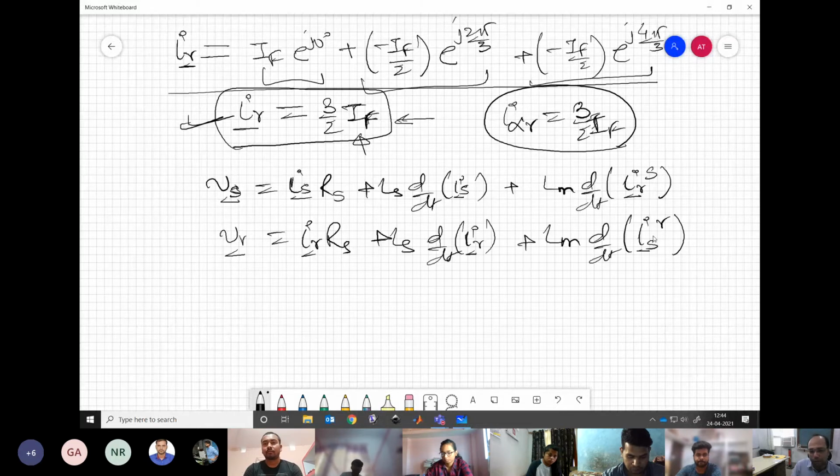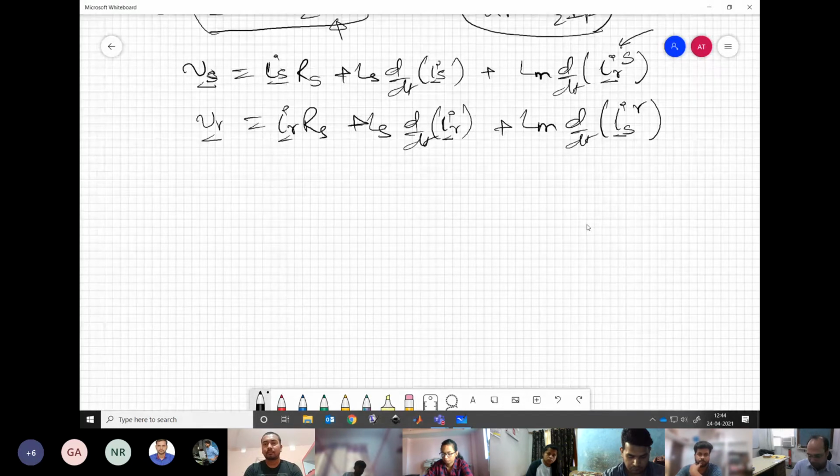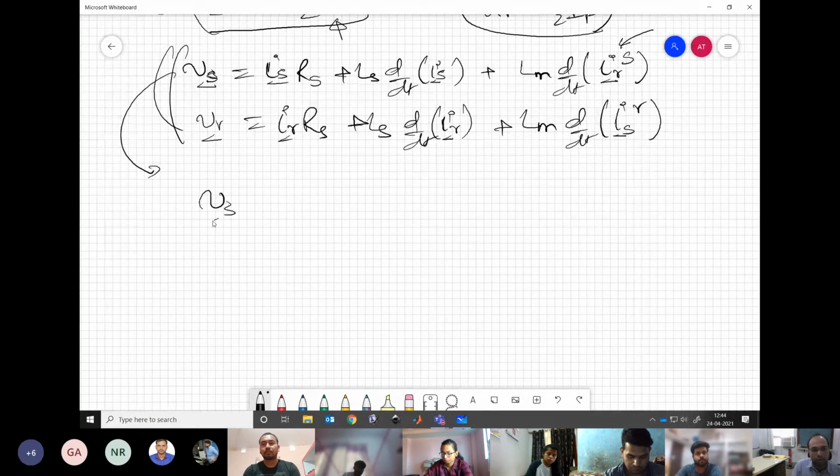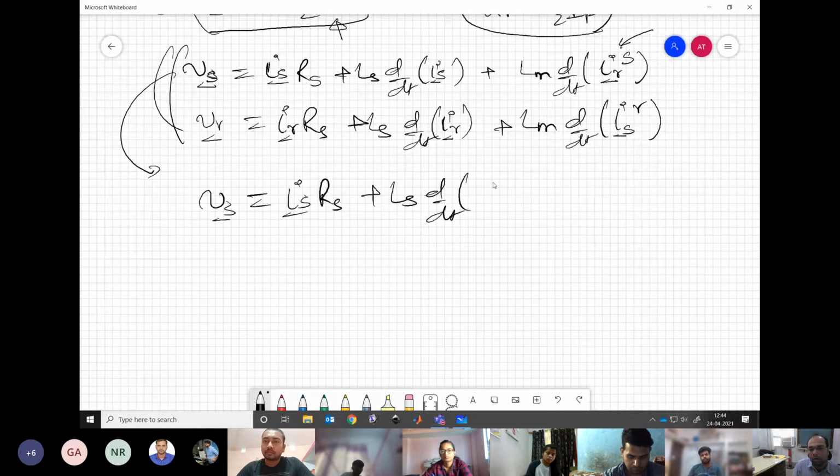Now what we have to do is replace this IR in terms of what we have defined. So now what will happen when you replace this, at least in the first equation? Clear? Any confusion in this? Any confusion in this?